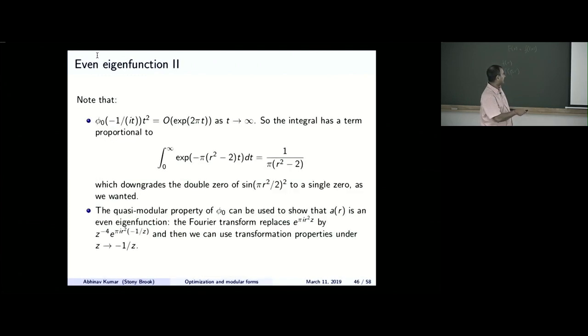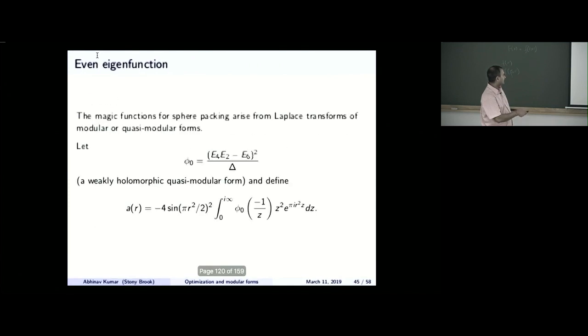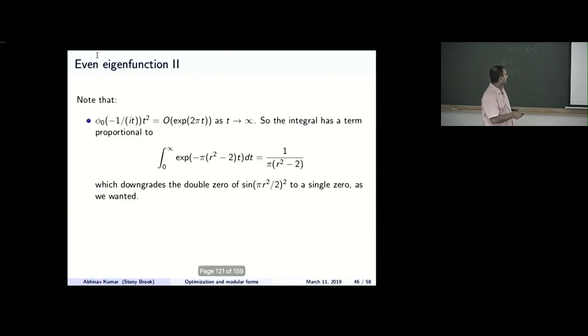The quasi-modular property tells you that first of all, what you do is you replace this thing by a sum of three integrals which don't involve this sine squared thing in front. I'm not going to go through the details of how you do that, but they show up. Basically, it turns out by shifting contour integrals, you can absorb them into this e to the i pi r squared z.